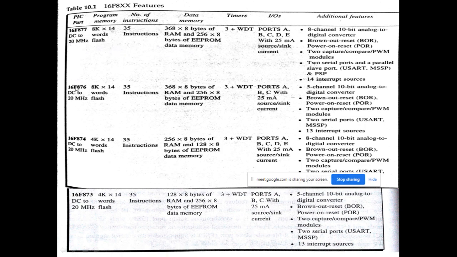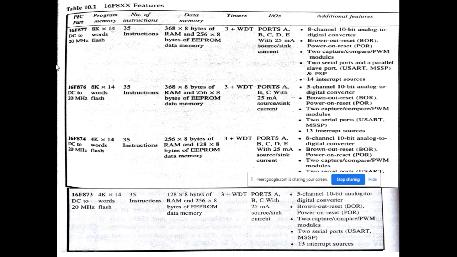Then below that with little lower features you have 876, with still lower features 874, and at the lower level it is 873. But all these 4 devices, they are lying at the top of this family of PIC microcontrollers, with this microcontroller 877 having highest or maximum features.